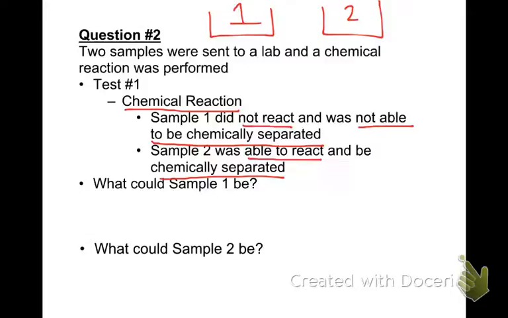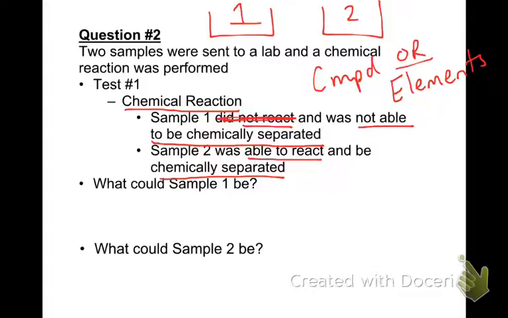So when we're talking about things that are incapable of being chemically separated or capable of being chemically separated, we're talking about either compounds or elements. So remember, our mixtures are physically combined, therefore they're physically separated. So, if sample 1 was not able to be chemically separated, we don't care about the fact that it didn't react. I don't care.